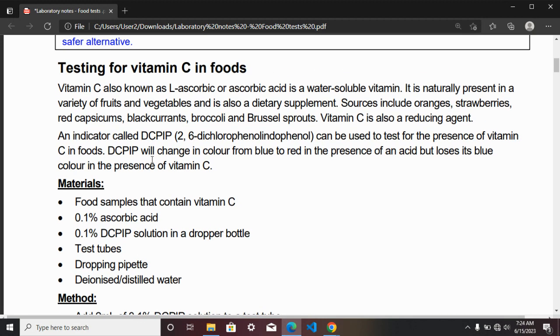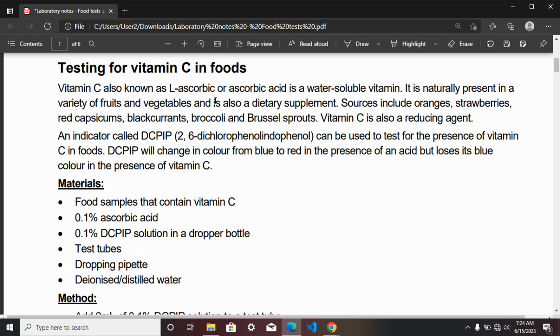So the first thing is setting up your materials well, taking your reagents, and performing the test as instructed. Then observe. After observation, you will draw a conclusion. So let's start with vitamin C.